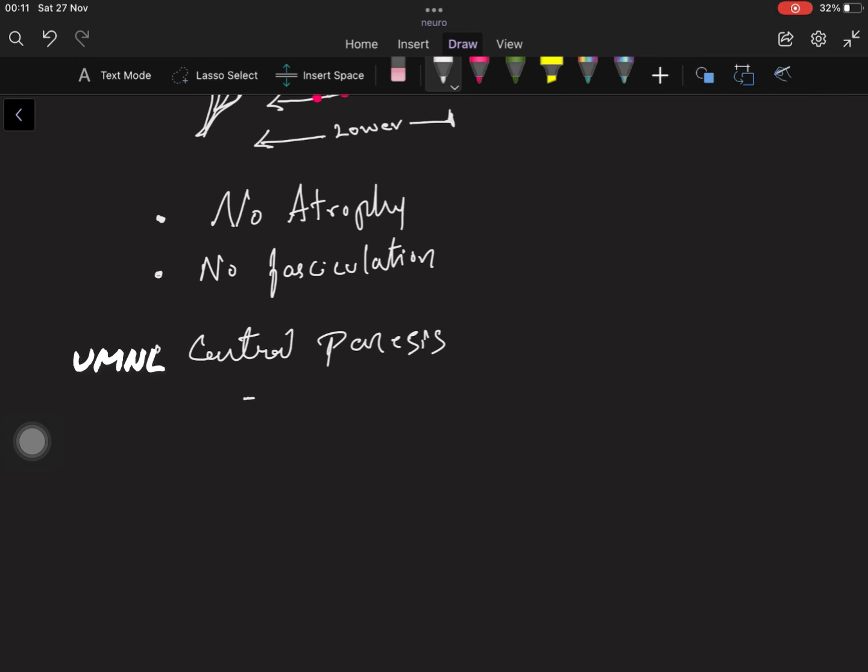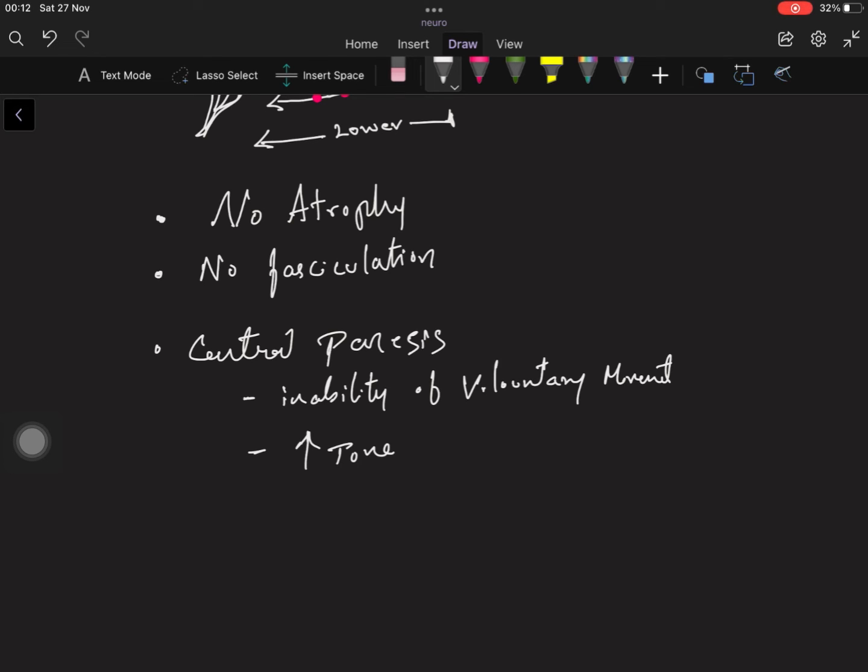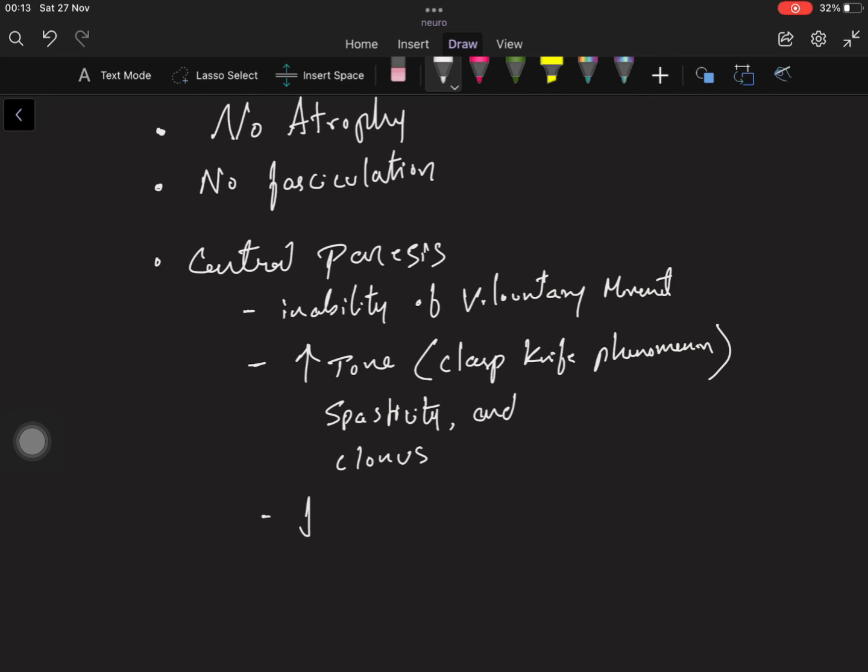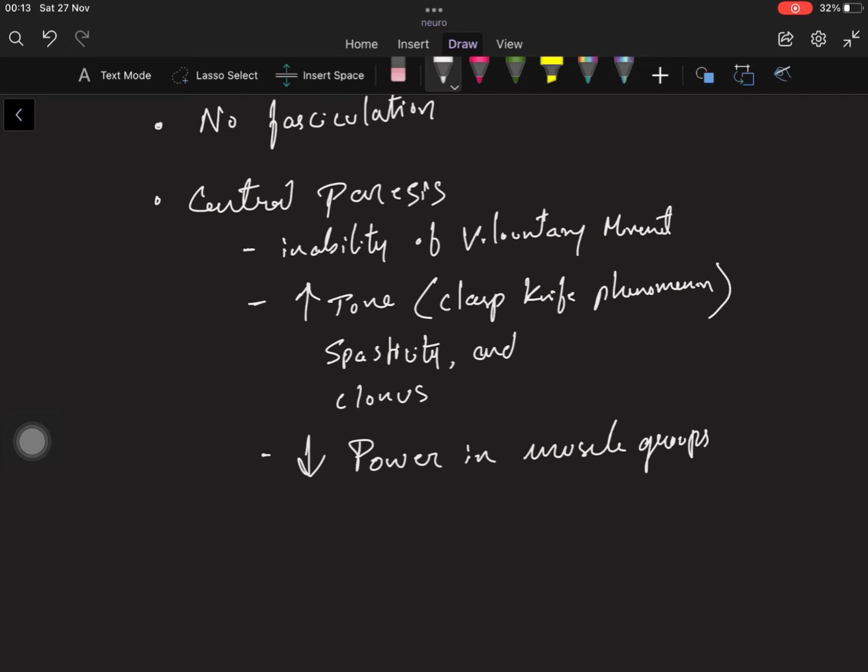This condition is characterized by inability of voluntary movement in combination with increased tone, which you can also call the clasp knife phenomenon. I would like you to search on YouTube how this test is done. Also there is decreased power in muscle groups. Remember, muscle groups. Then hyperreflexia.